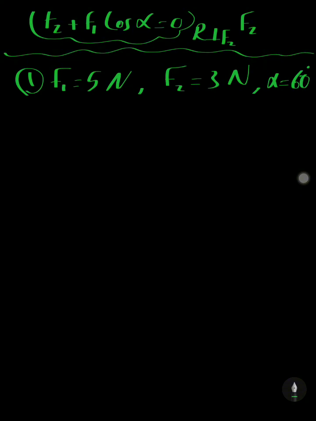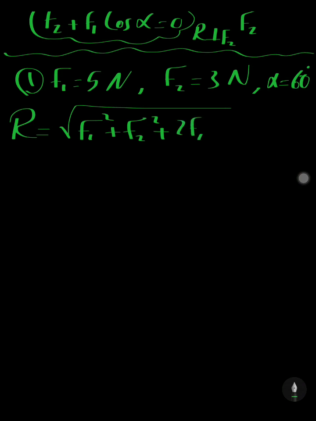I said before, when I ask you to find the resultant of the two forces, you must find its magnitude and direction. To find the resultant, in this case, we use the cosine law, that we will take in trigonometry: the square root of F1 squared plus F2 squared plus 2 F1 F2 cosine alpha.